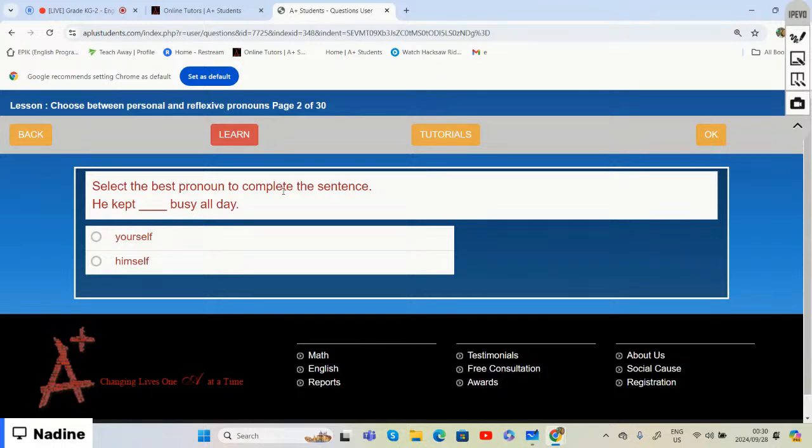Which one is the correct answer? If we were to choose the correct pronoun, we can say he kept himself, because himself refers back to he.